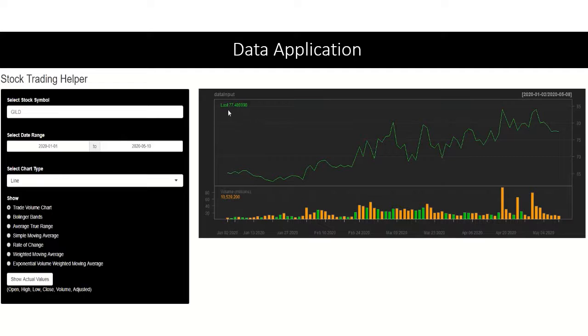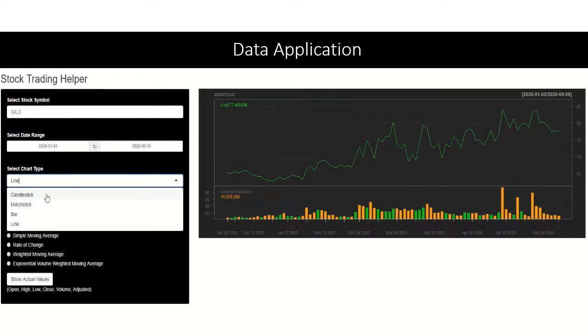And at the top left, you can see the last price, which is $77. And at the bottom, you can see the volume of the stock that has been traded, which was 10 million 539 thousand 200. The chart that you see currently is a line chart, which is my favorite, which is why by default you see that one.